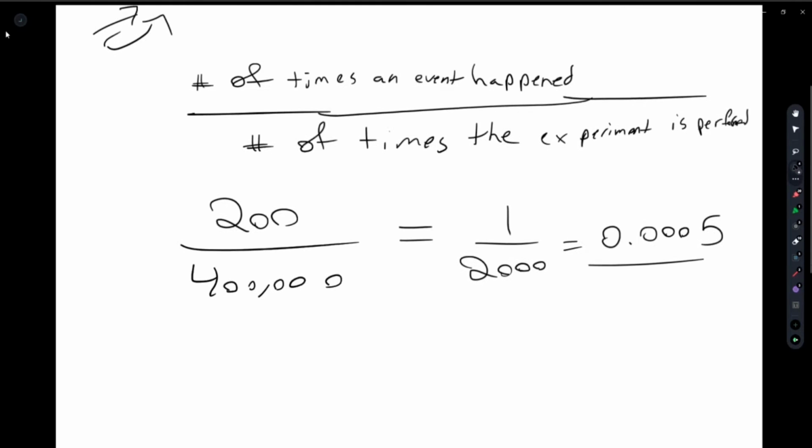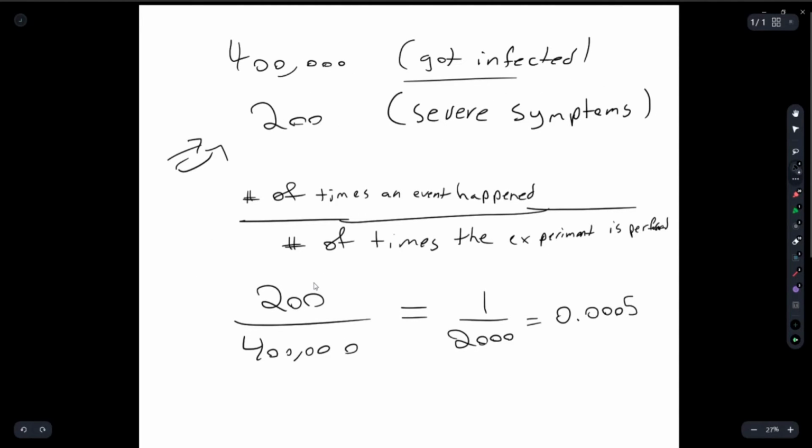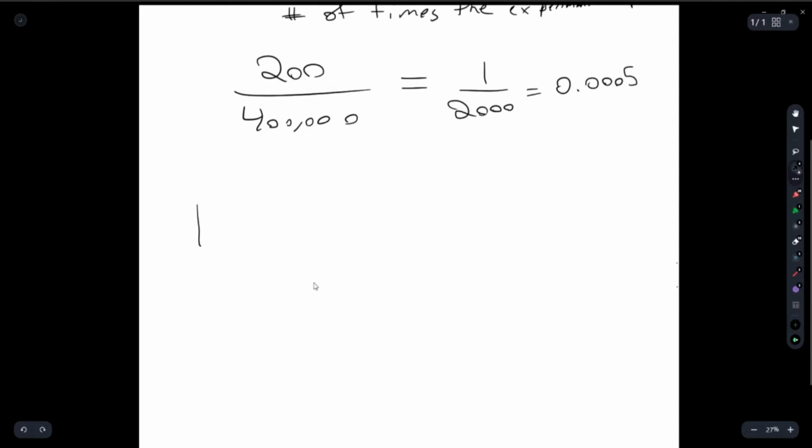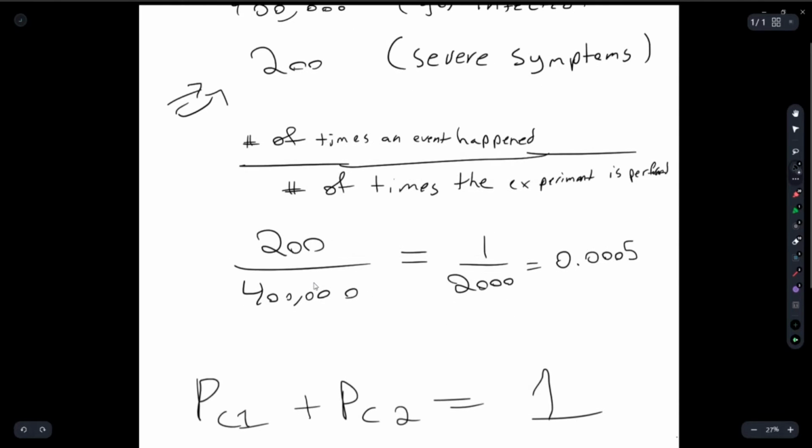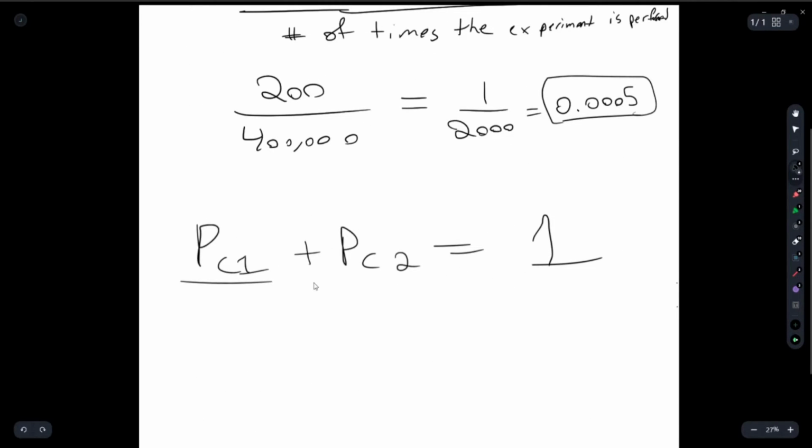Okay, so in the same question again, since the person who gets infected can either get severe symptoms or not get severe symptoms, these are complementary events. So when you add the probability of two complementary events, this is complementary event number one, this is complementary event number two, they will always add up to 1. So let's say complementary event number one, the probability of getting severe symptoms, is 0.0005, plus complementary event number two, which is not getting severe symptoms.